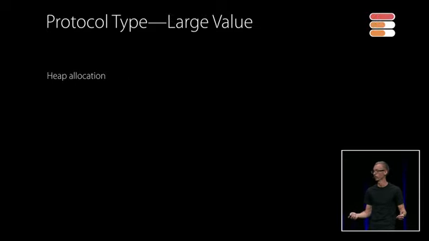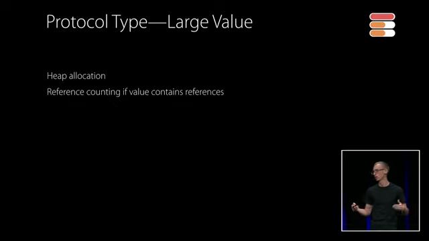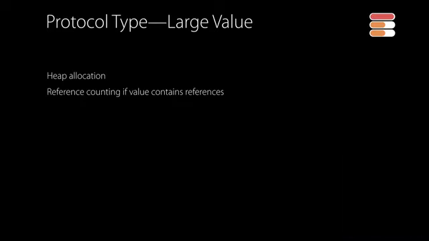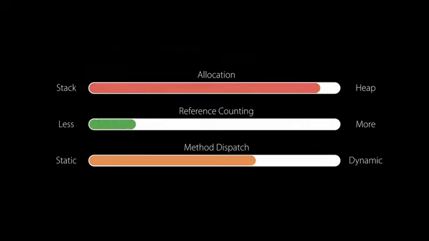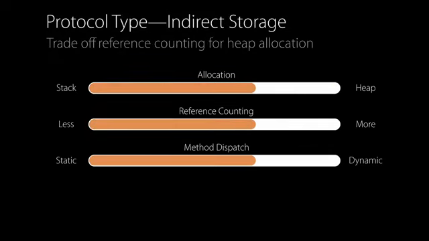Compare this with large values. Large values incur heap allocations whenever we initialize or assign variables of protocol type. Potentially reference counting if our large value struct contained references. However, I showed you a technique, namely using indirect storage with copy and write, that you can use to trade the expensive heap allocation for cheaper reference counting.